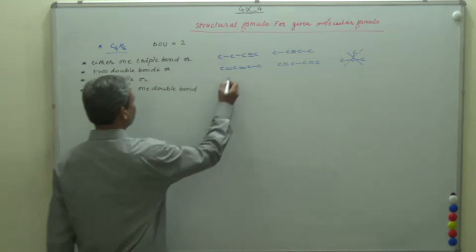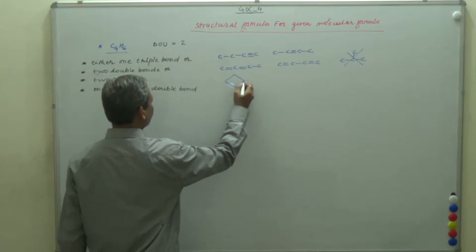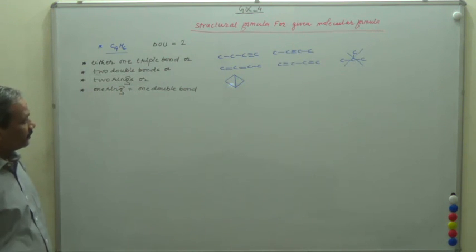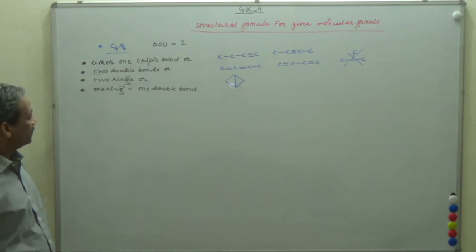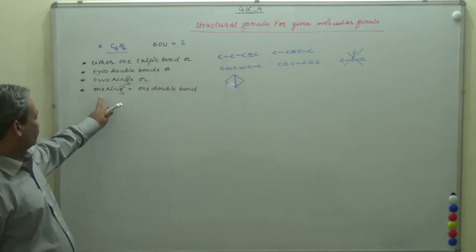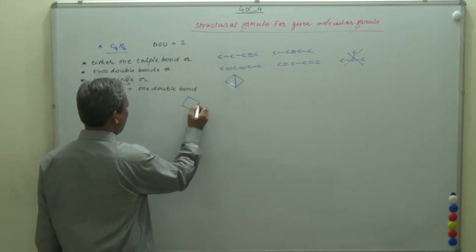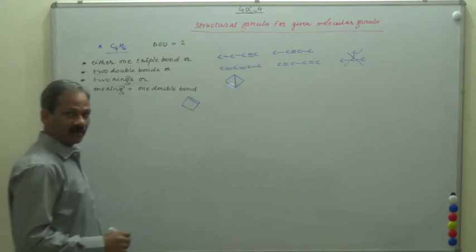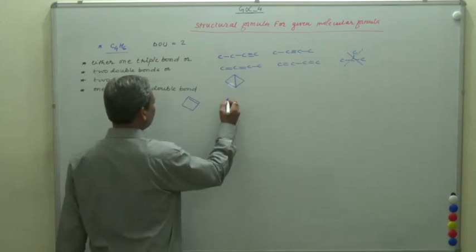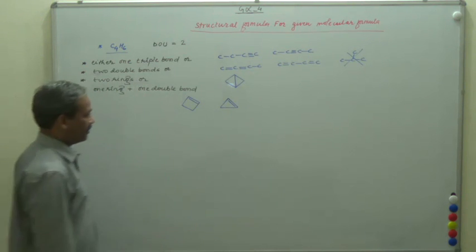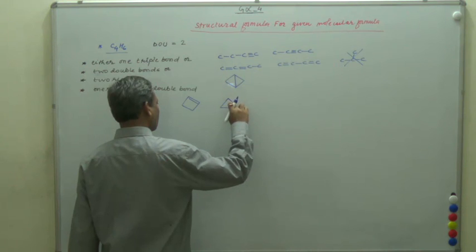Then we have to draw 2 rings. These are the 2 rings. Then we have to draw 1 ring and 1 double bond. One ring and 1 double bond. We can reduce the size of the ring by 1 carbon atom. Okay, let's start in this way.